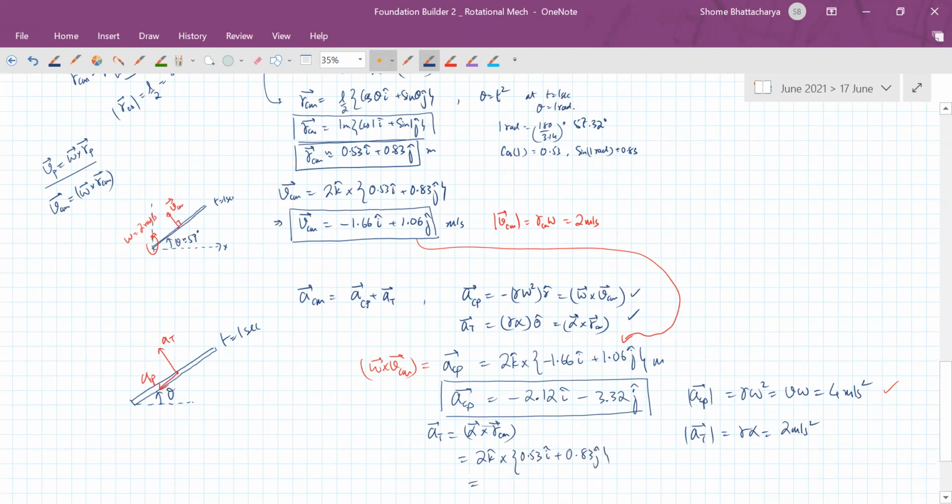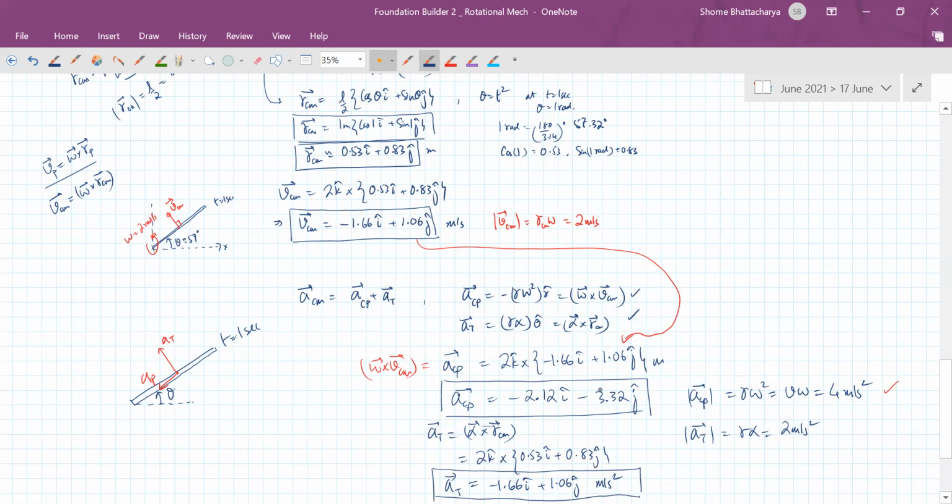So this will become minus 1.66 i cap plus 1.06 j cap, but this is meters per second square. So it has the same magnitude as speed in terms of the value 2, but this is in meters per second square, whereas the speed was in meters per second.